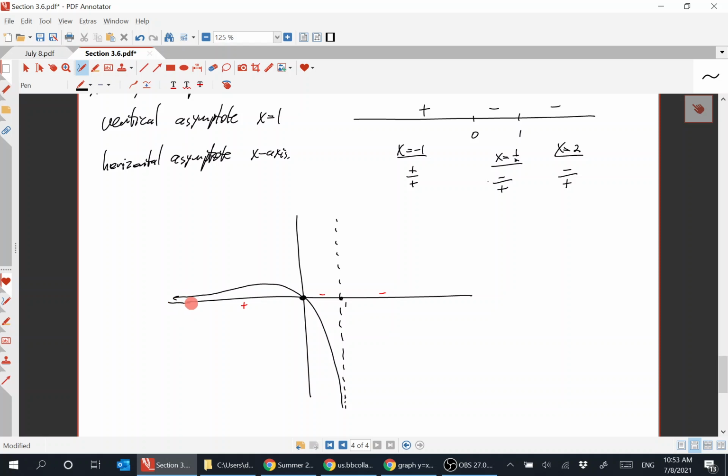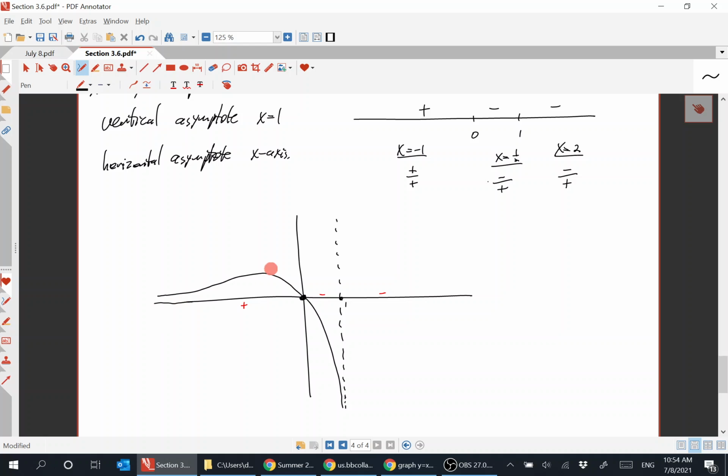So somewhere along the line, I'm going to have a local maximum. There's got to be a local maximum in there somewhere, right? Because it's going down from left to right, but from right to left, it's coming up, crossing, and then it's got to come down and hug the horizontal asymptote there.